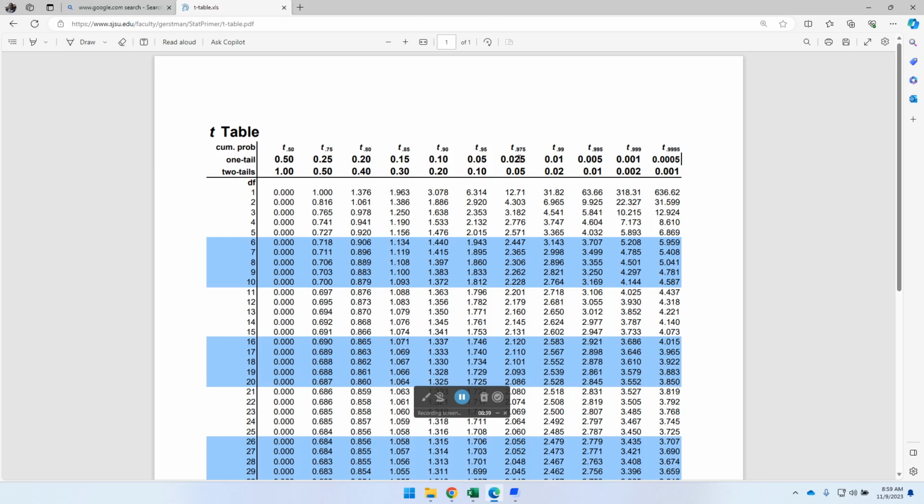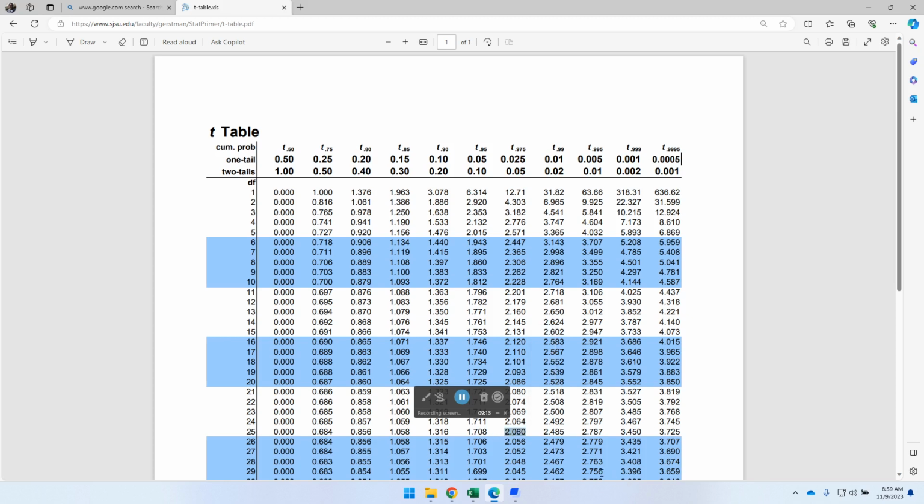Okay, so we know that the one tail line is going to be 0.025, right? My sample size is 26, but the degree of freedom is the sample size minus 1, so I use the raw number 25. So 25 and 0.025, I'm right here, right?